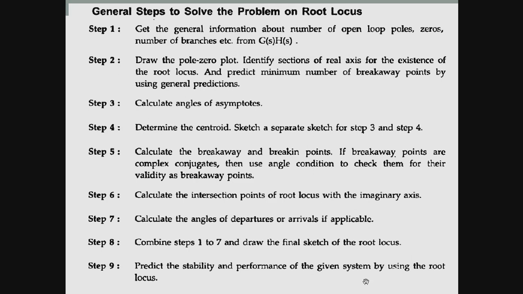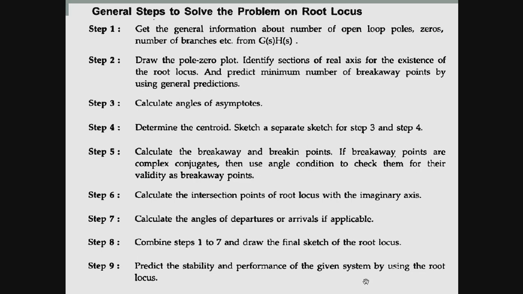So step 1, get the information of poles and zeros, and the number of branches. Second, draw the pole zero plot, and identify the sections of the real axis for the existence of root locus, whether it is on the root locus or not. And predict the minimum number of breakaway points by using the general predictions.